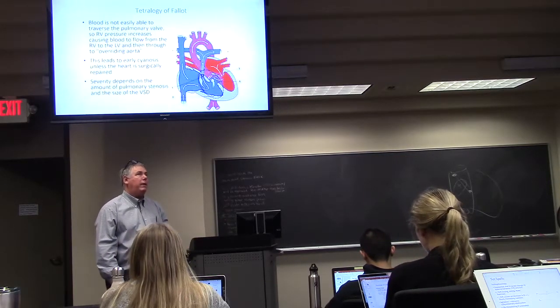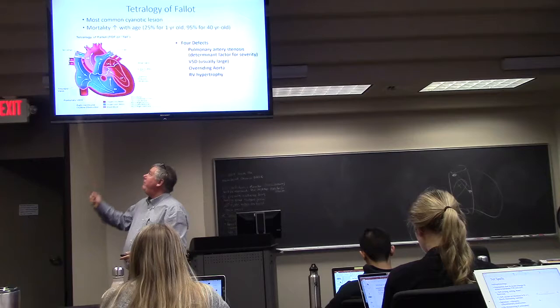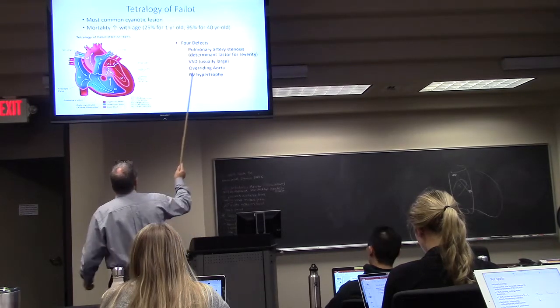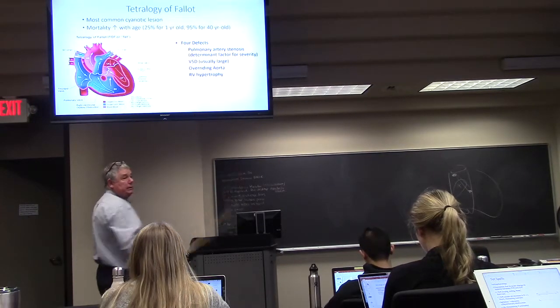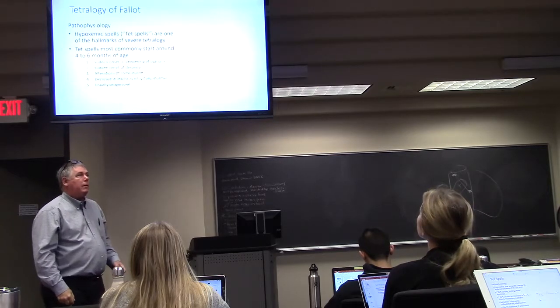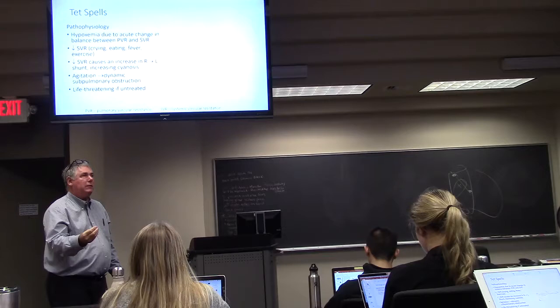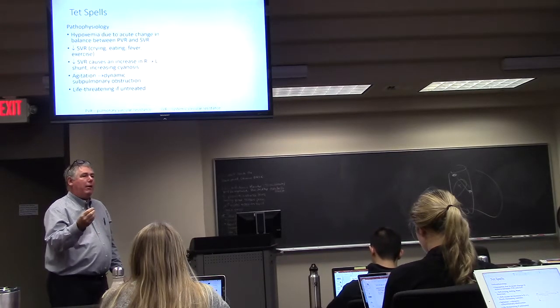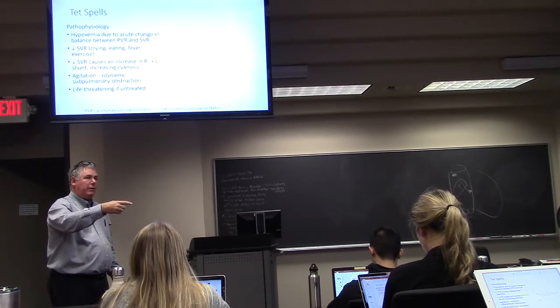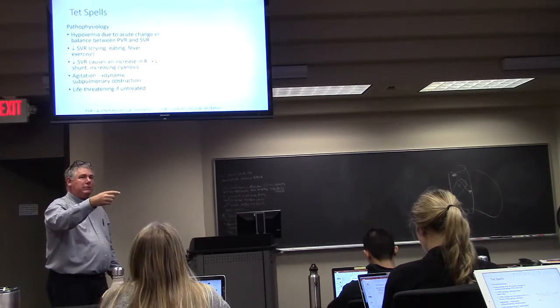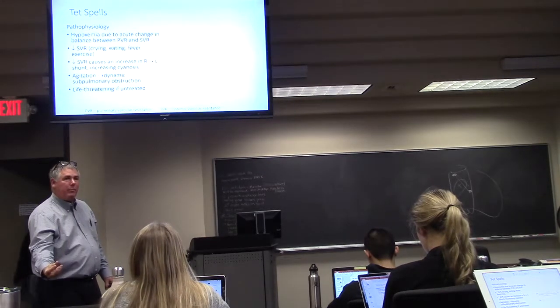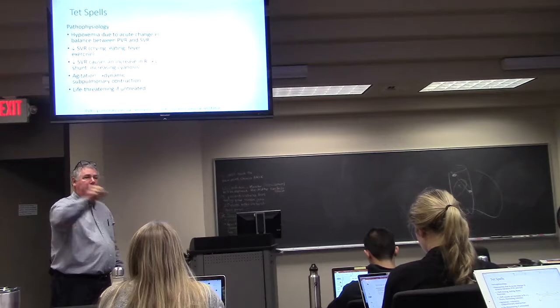So if we go back over here, you've got a VSD as one of the four things, right? So what happens is you decrease systemic vascular resistance, and ordinarily you've got a left to right shunt, but because the resistance goes down to the periphery, now you have a right to left shunt.